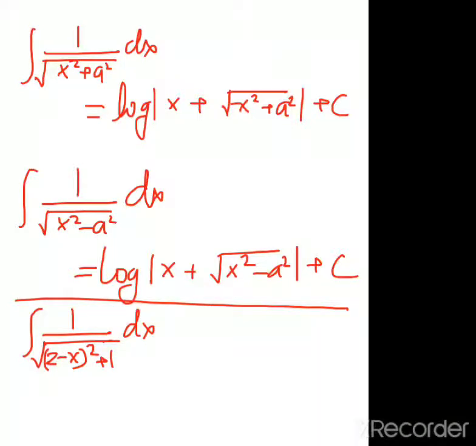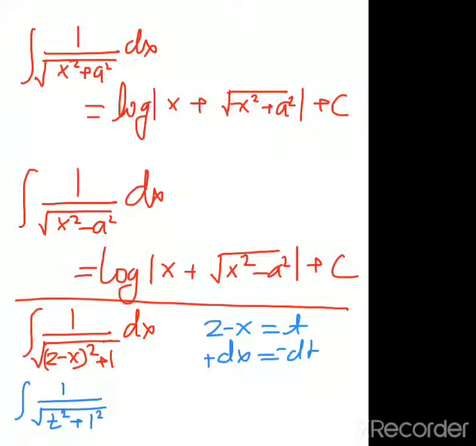So the first step will be, I'm taking 2 minus x as t. Now minus dx will be equal to dt, or dx can be written as negative dt. So it will become integral 1 upon under root t square plus 1 square dt with a negative sign.